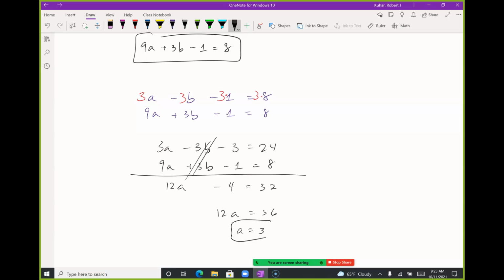So a and b are my variables. If I had opposite coefficients, I could just add them. That's why I multiplied by 3, so my negative 3b and my positive 3b would cancel. Got it.